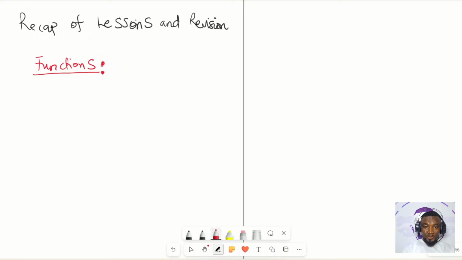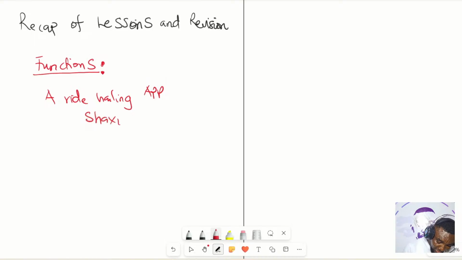So remember, we used some examples of functions. One of the things that we looked at was a ride hailing app. Let's use our own local ride hailing app, Shazzy. We can have the fare in relation to the distance, and depending on the distance you are traveling, that is what will determine the fare you pay.